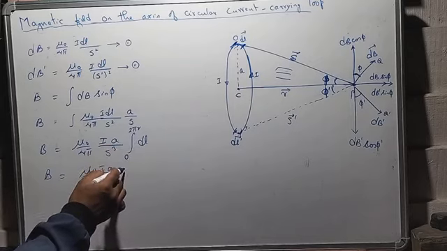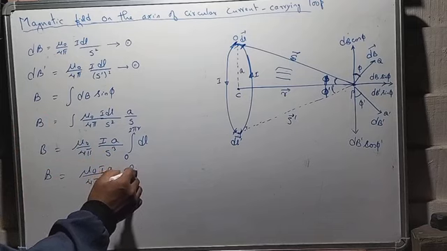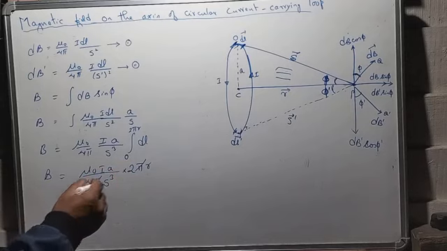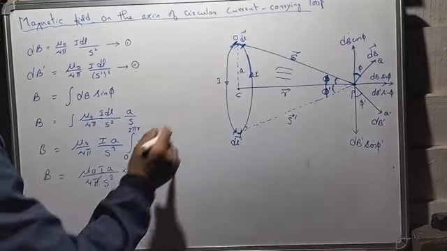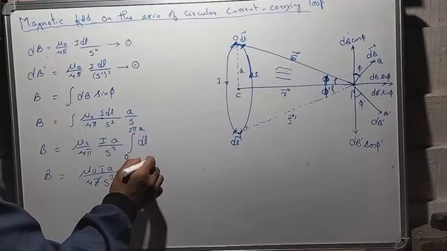If you integrate this dl, you will get l, and after substituting the upper and lower limits it becomes 2 pi r. Now this pi from the numerator and denominator cancel. Not 2 pi r, this is actually 2 pi a because the radius is a. I made a mistake, sorry. This is 2 pi a.